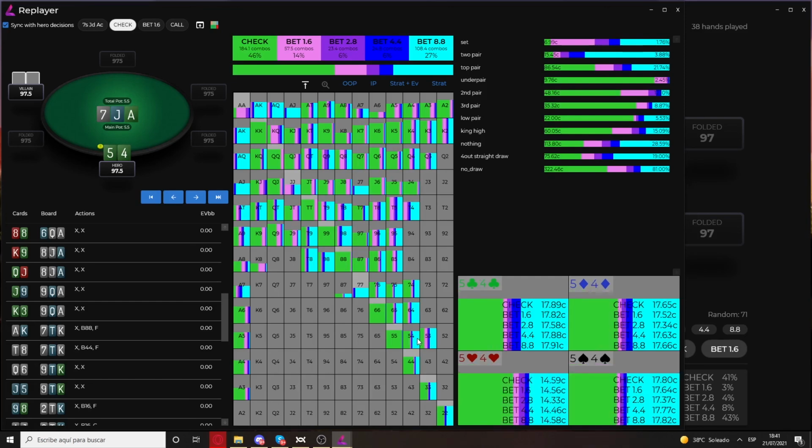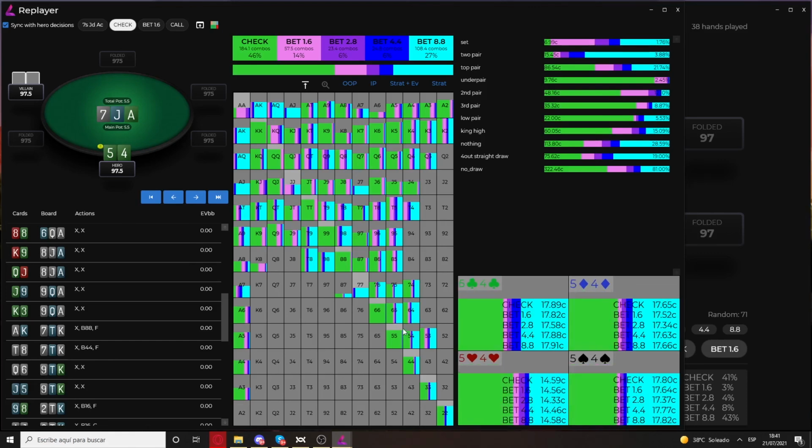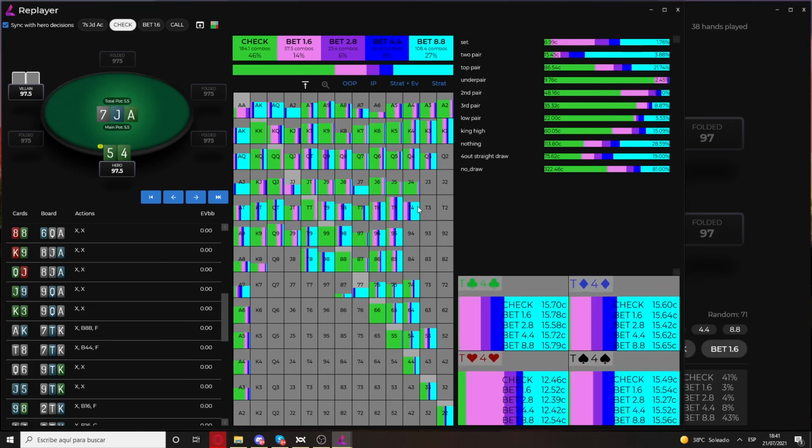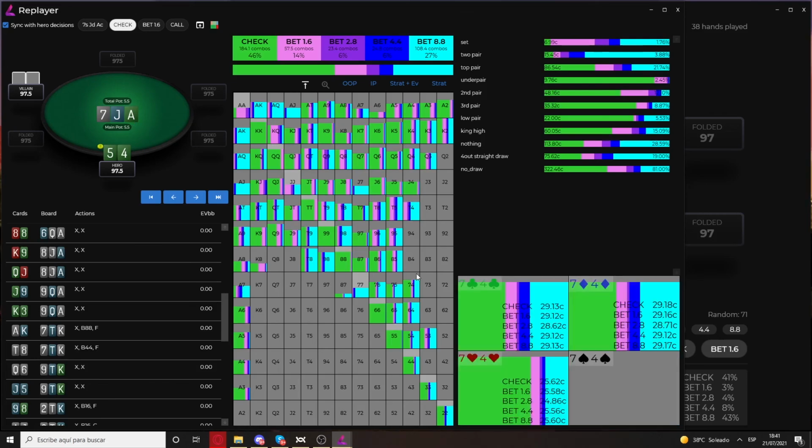5-3 is a little bit more frequent because the 3 unblocks more folds. But let me see, for example, 10-4. Okay, so 10-4, it likes it a lot more because it's blocking the gut shots. So one thing that I'm constantly underestimating in this review is that blocking the gut shots is actually a really nice feature.